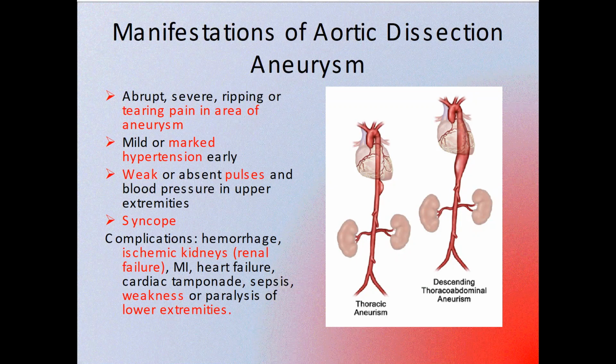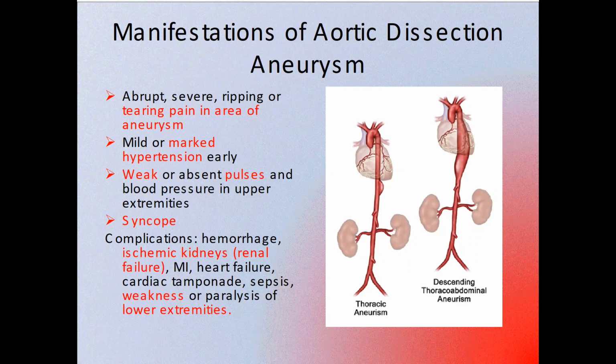If and when this dissects, your pulses will become weak or absent because you have hemorrhaged. You'll lose your blood pressure and your pulses in those areas. Syncope. Why syncope? Because you have no blood circulating around in your body.